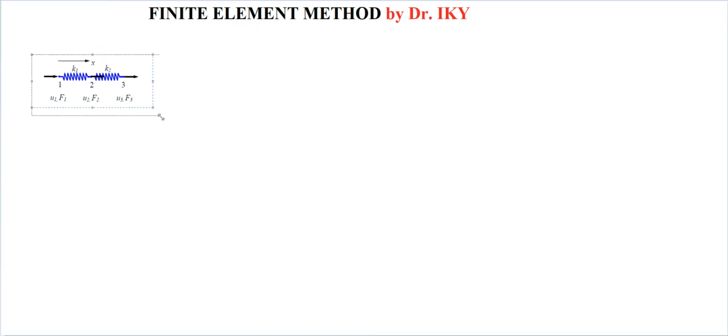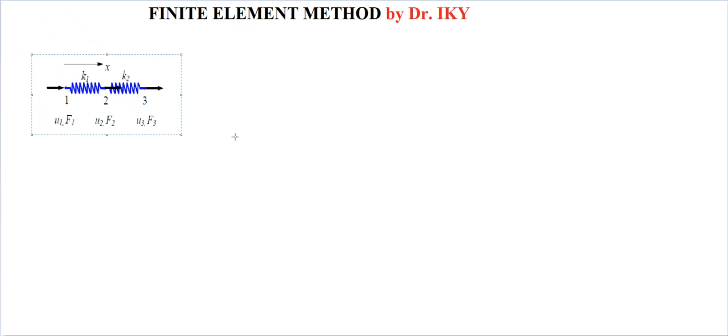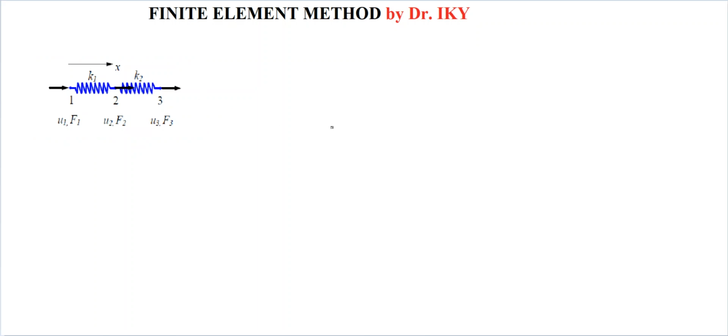This one. We have two springs connected in series, and considering the x-axis, we have got two elements, and because of that, three nodes: node 1, node 2, and node 3.